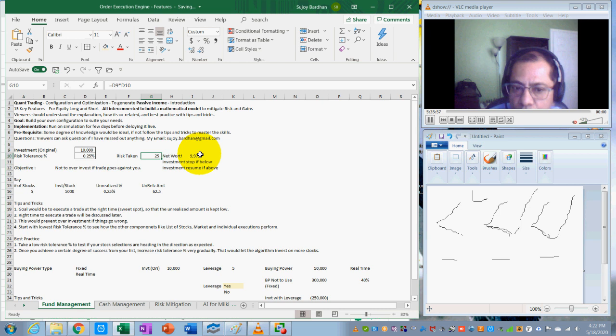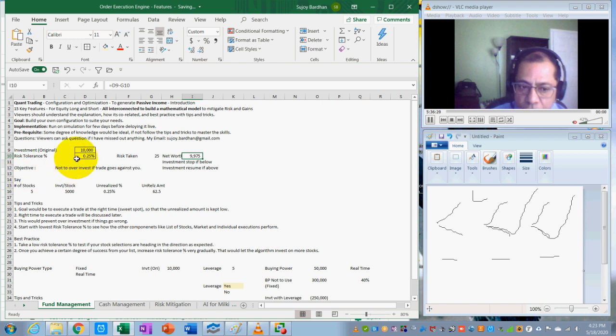So when your net worth is below $9,975, it'll stop the new investments. You might have a list of say 50 stocks also, doesn't matter. We'll come to that later, but it will stop all your brand new investments. So that's one way you mitigate your risk.